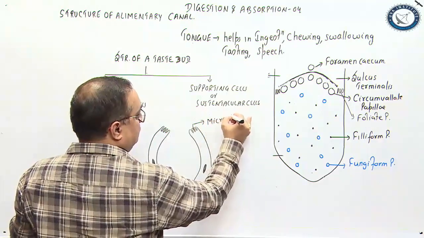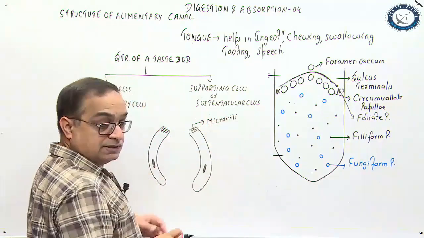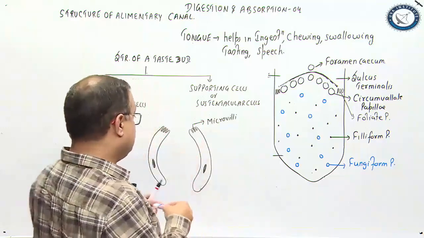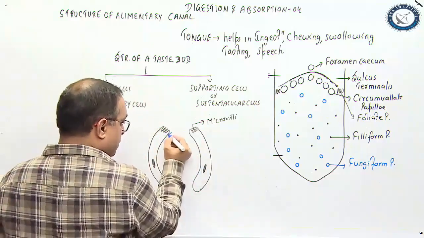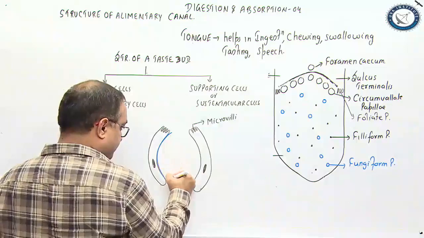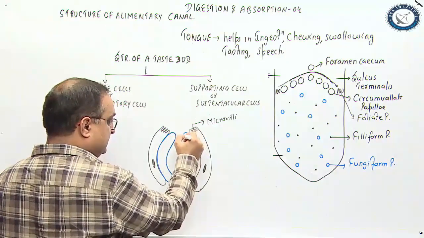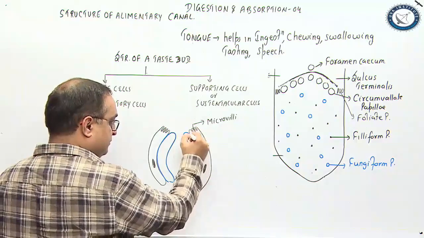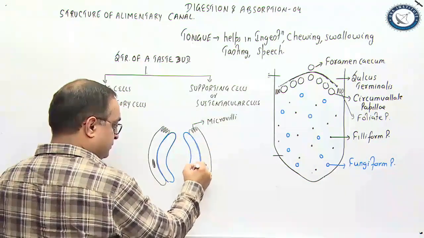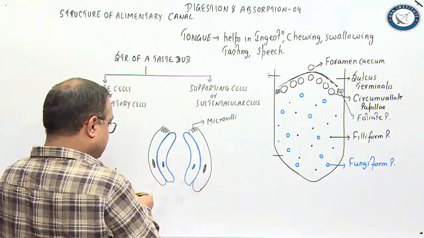Microvilli. So this is one taste cell. This is another taste cell. Now with the blue color, I am drawing sustentacular cells or the supporting cells. They are also columnar epithelial cells.